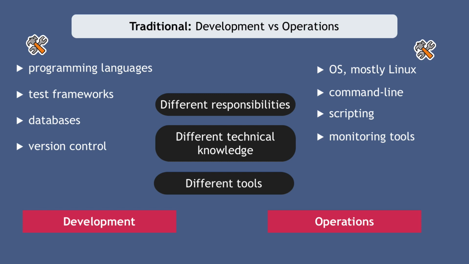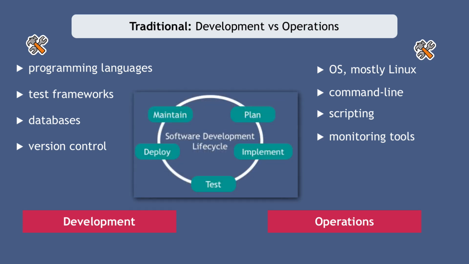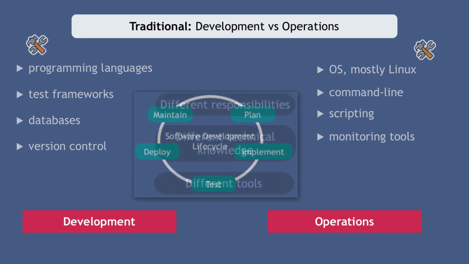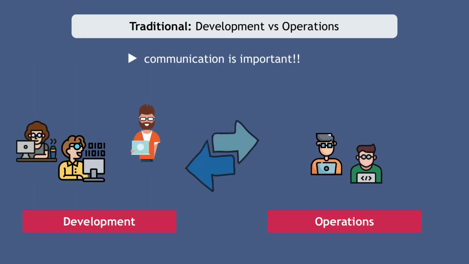Which means that these two jobs or areas of responsibility, which are part of the same process of software development and delivery, so to say, have completely different competencies, skills, and know-how. Yet they have to communicate with each other so that this handover of, here is my application which I developed and tested, it is ready to run, please run it on the production system, happens very effectively and smoothly.